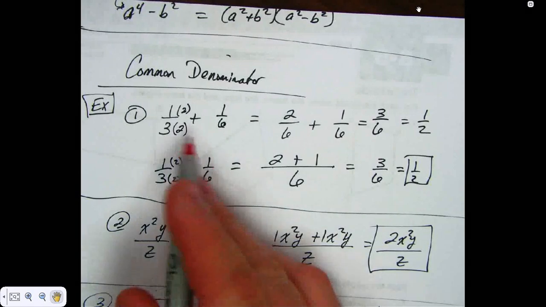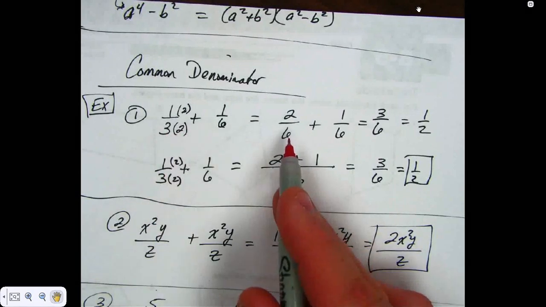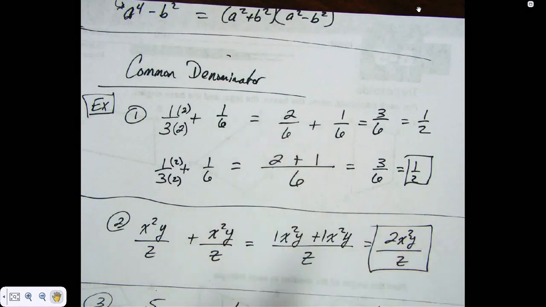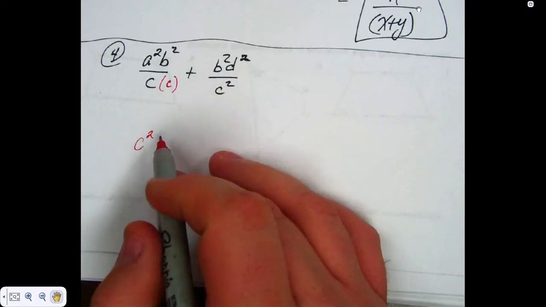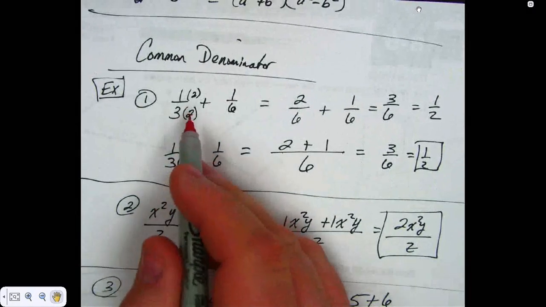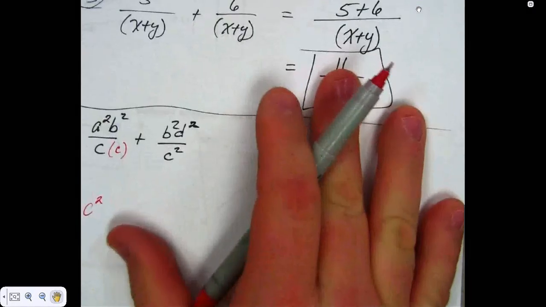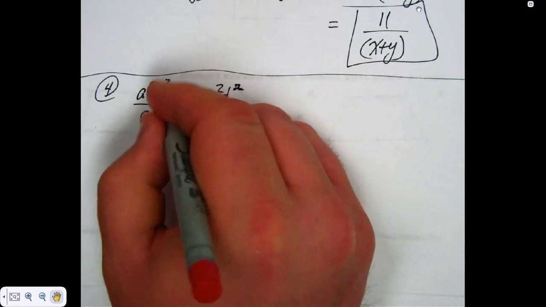It's no different than when we decided that if I multiplied 3 by 2, I could make it into a 6. That's what you went through in your head there. Here you're saying, how can I make a c into a c squared? Well, c times c. And the same rule applies. If I multiply the bottom by 2, I have to multiply the top by 2. Same thing here. If I multiply the bottom by c, I have to multiply the top by what? C.